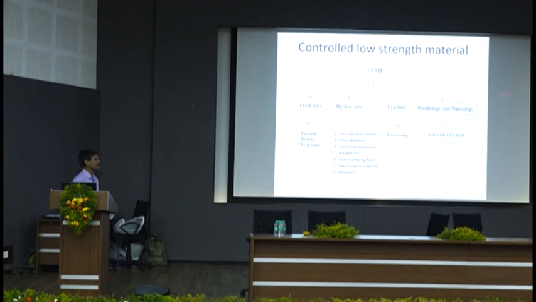Then one more thing I add here: this material should not be a problem to the environment. Many times the use of industrial waste is restrained due to the leachate problem. There is a place called Sukinda in Odisha.